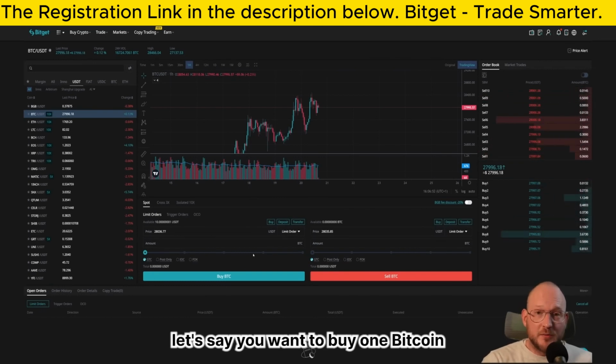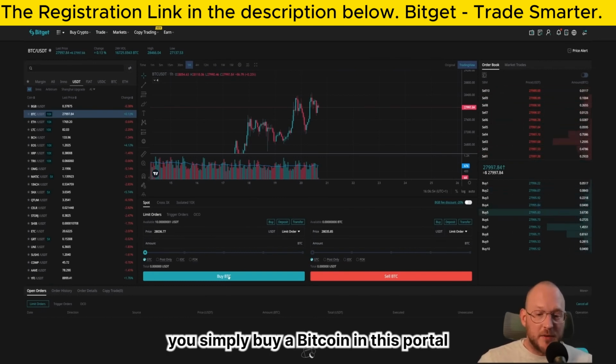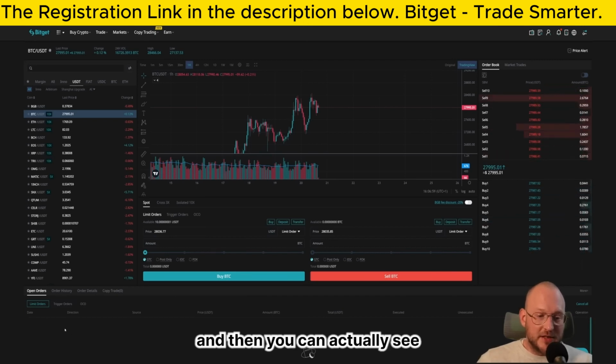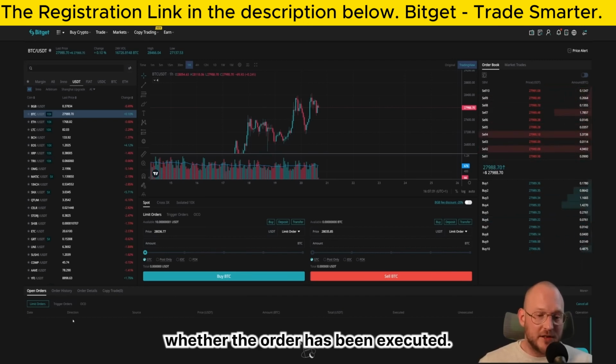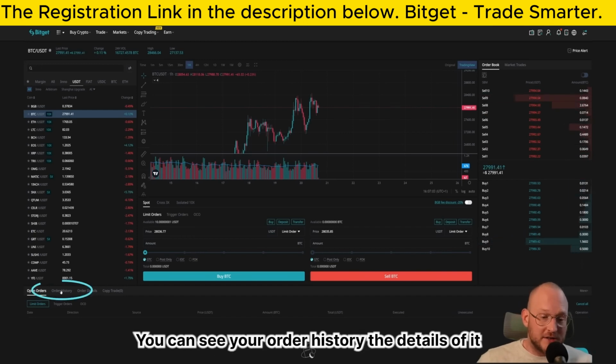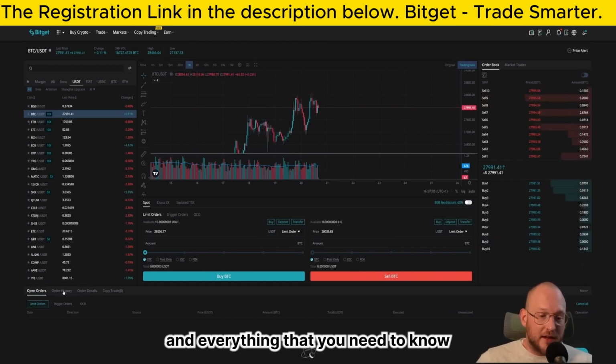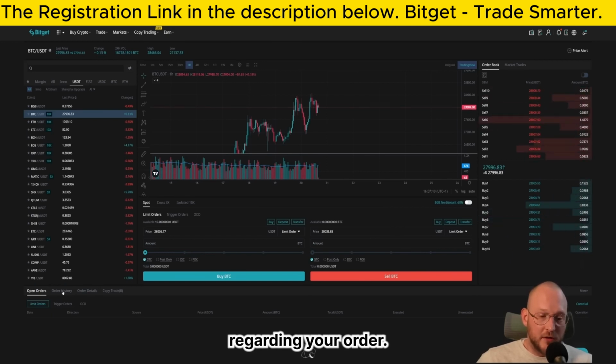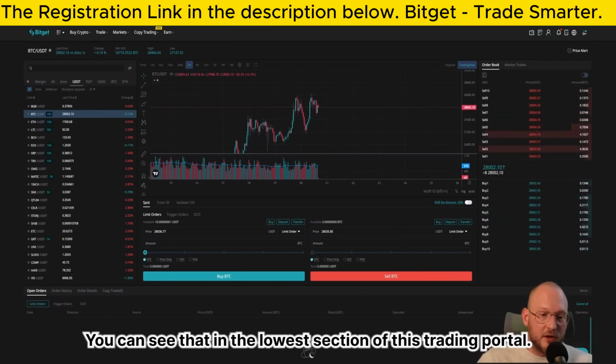Let's say you want to buy 1 Bitcoin: you simply buy it in this portal, and then you can see whether the order has been executed. You can see your order history, the details of it, and everything you need to know regarding your order in the lowest section of this trading portal.